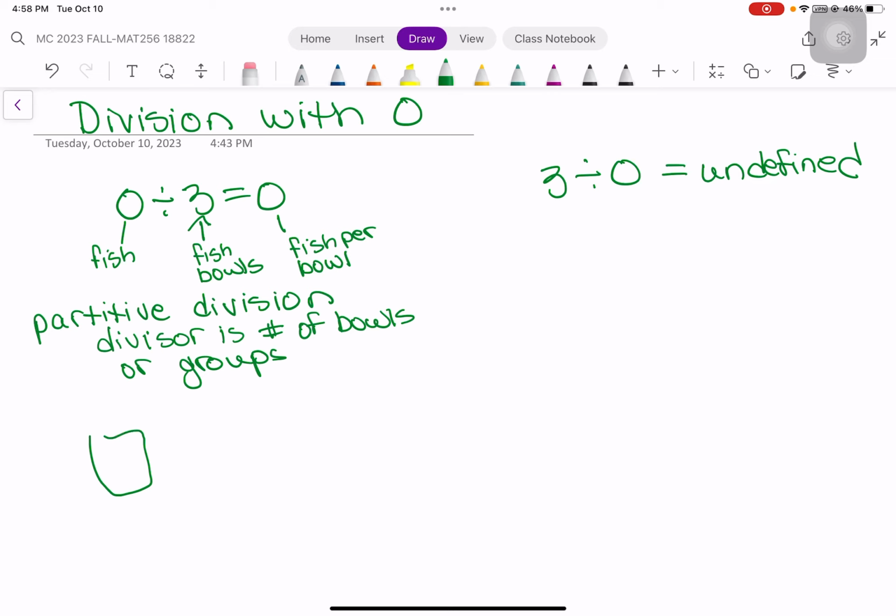So we have our little fish bowls. And you can see that since there's no fish, there are 0 fish per bowl.